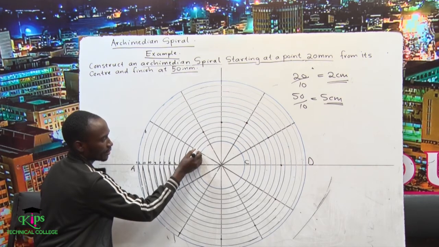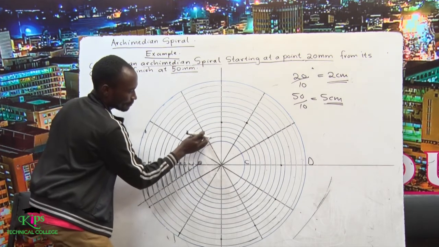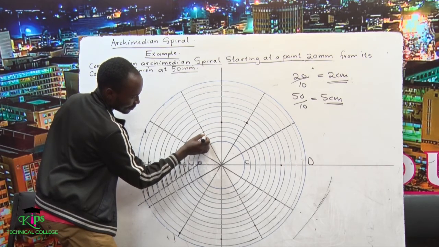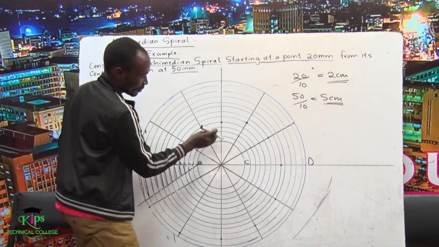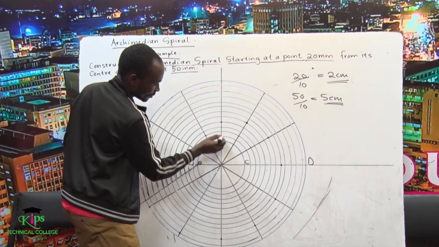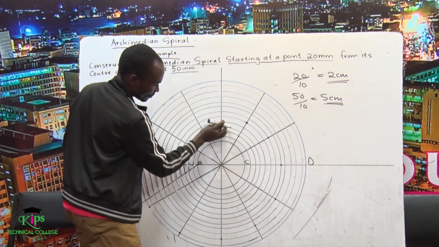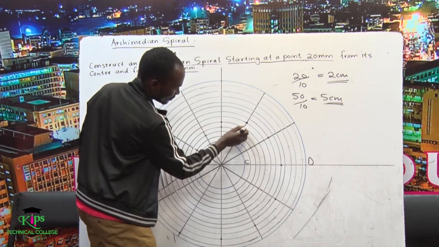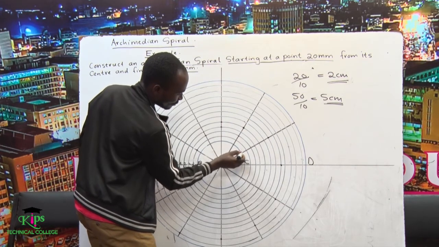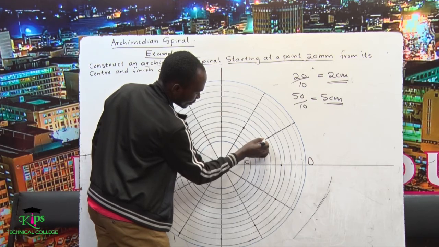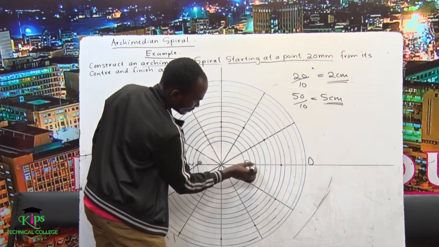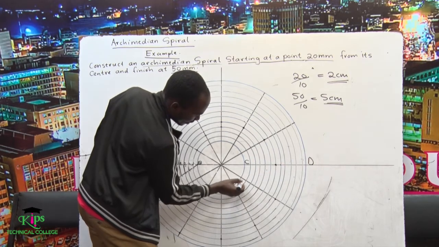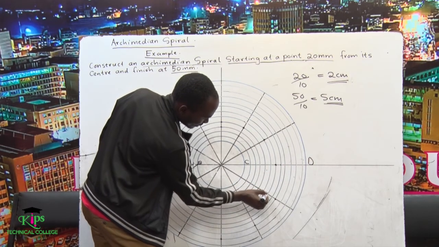You have 1, 2, then 1, 2, 3, then 1, 2, 3, 4, then 5, 6, 7, and 8.